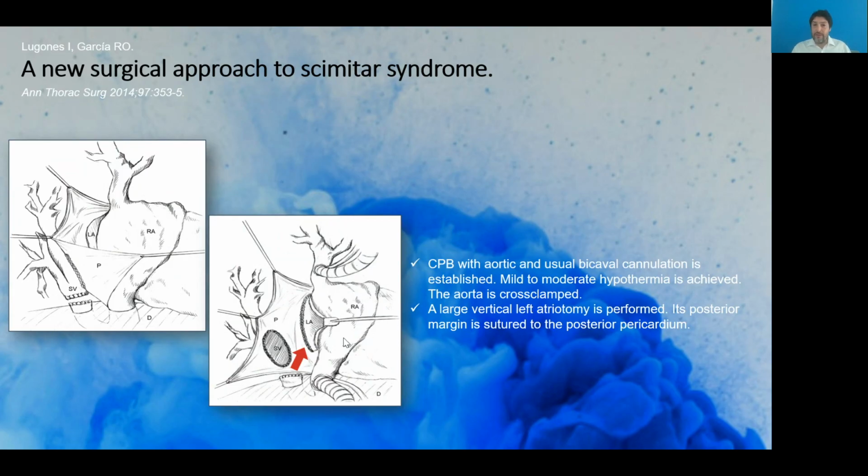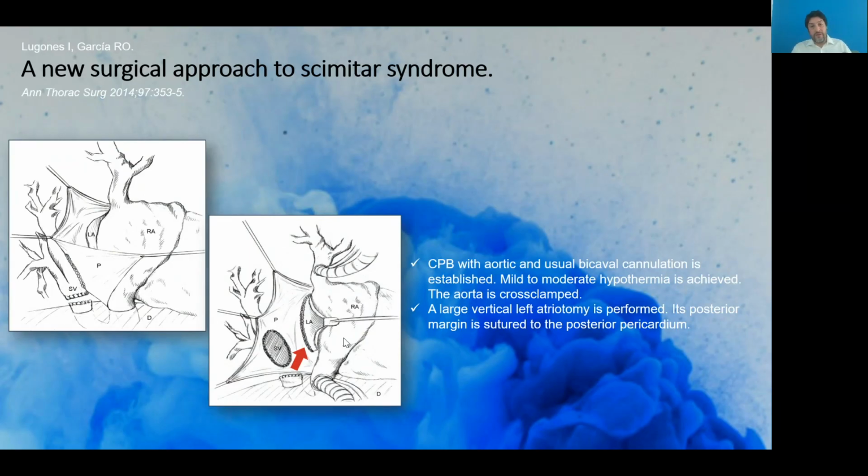We open a large vertical left atriotomy. Then, in order to avoid potential bleeding in the posterior aspect of the heart, we suture the posterior margin of the atriotomy to the pericardium located nearby.